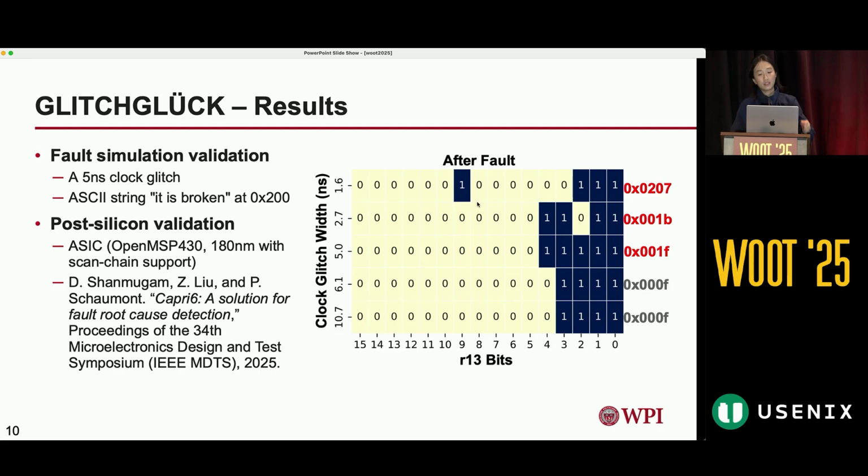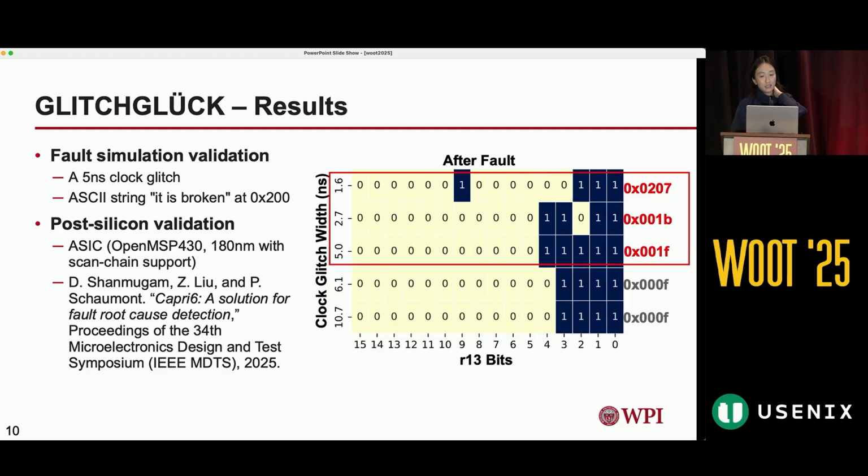The y-axis here is the clock glitch width that we executed in the post-silicon validation, ranging from 1 nanosecond to 10 nanoseconds, because we wanted to test our attack parameters. The x-axis here is the R13 bits, which are scanned out after the fault is injected, using the scan chain. We can see that for any glitch width greater than 6 nanoseconds, which matches the pre-silicon attack parameters, the value inside of R13 did not change.